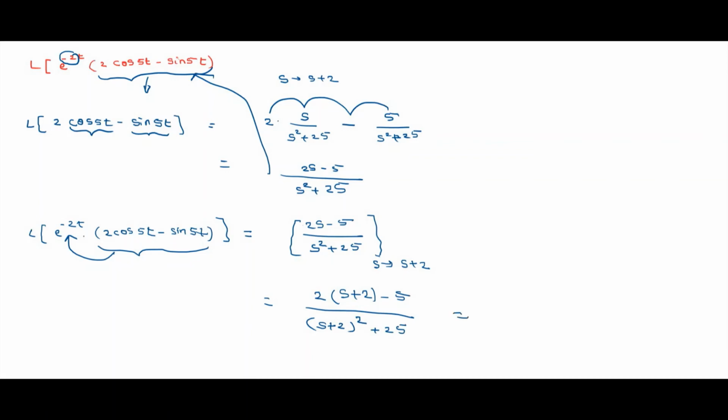And simplify this. 2 into s is 2s, 2 into 2 is 4, 4 minus 5 is equal to minus 1, divided by s square plus 4s, and 2 square is 4, plus 25 is 29. So this is the required solution.